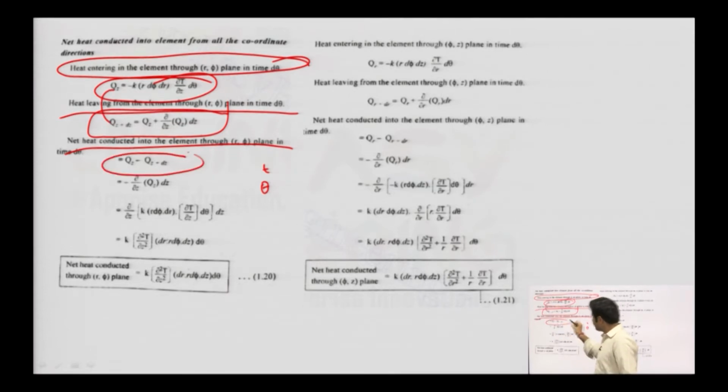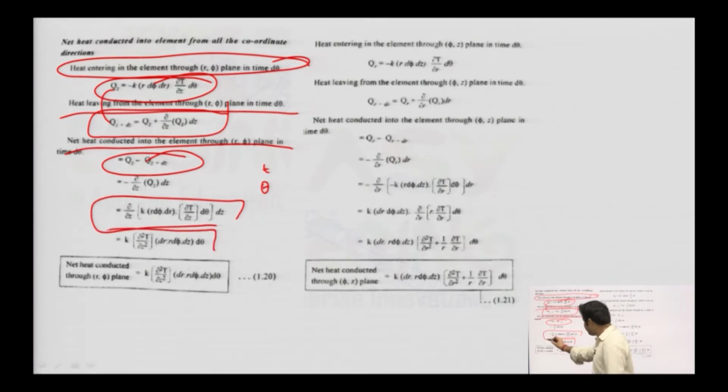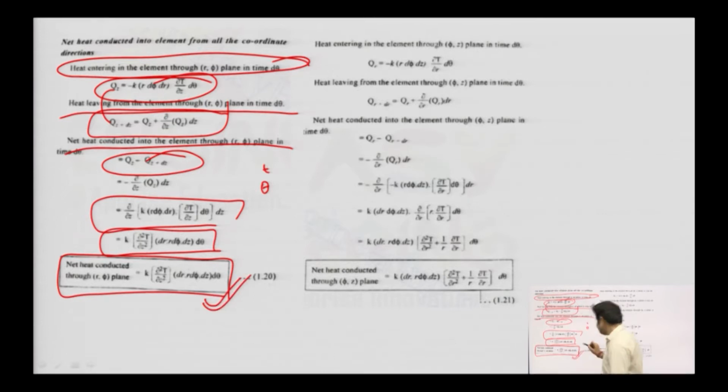The net heat conducted will be the subtraction of these two. Just put Fourier's law of conduction inside the formulae, and after a bit of solving you will get this. So qz is this by Fourier's law of conduction. Keep qz here, and with a little arrangement you will get the net heat conducted through the r phi plane.